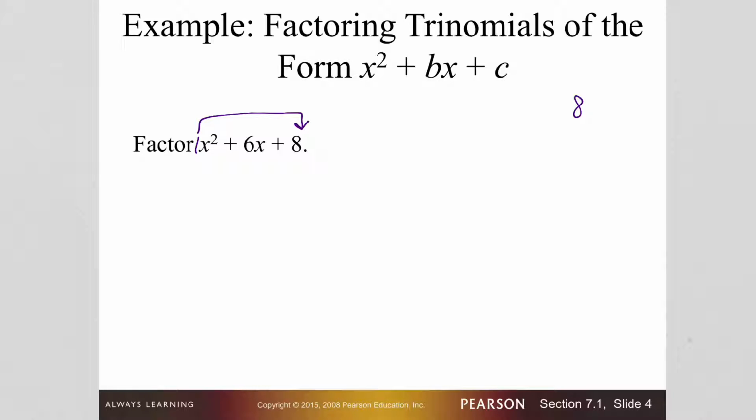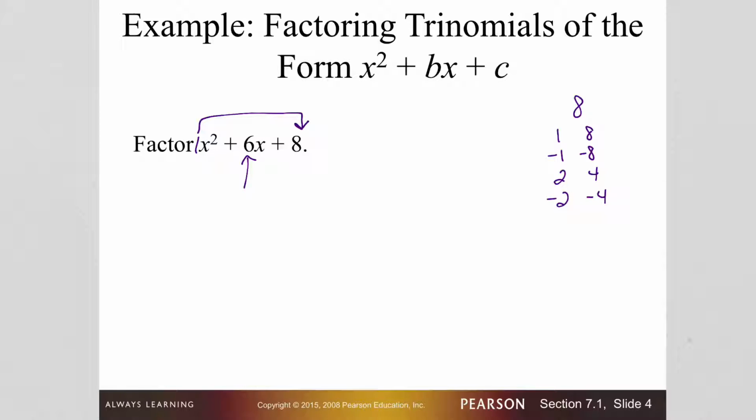Now I'm going to write down all of my pairs of factors that multiply to be 8. So I've got 1 times 8. I've got, don't forget your negatives here, those multiply to be positive 8. I've got 2 times 4, and I've also got negative 2 times negative 4. Now I'm going to ask myself, which one of these pairs adds up to be positive 6?